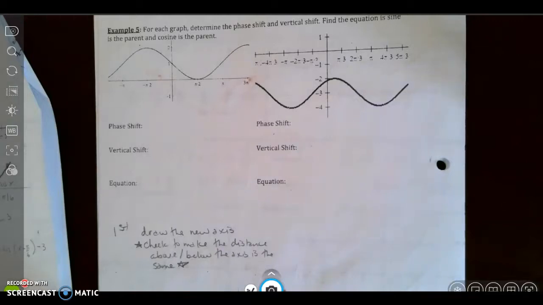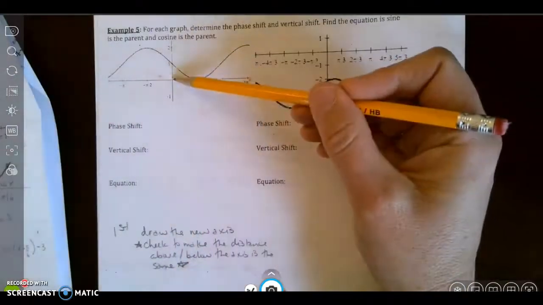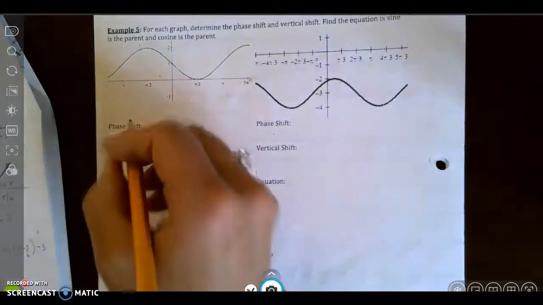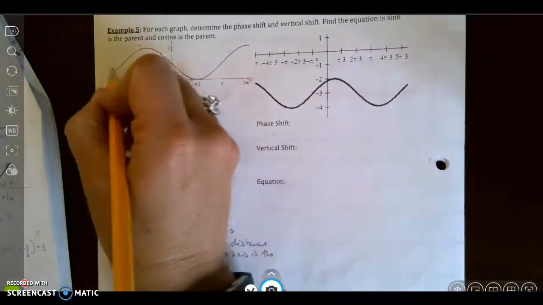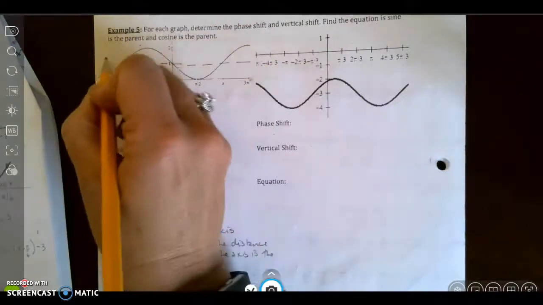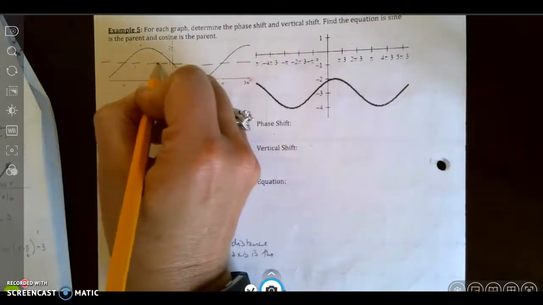A lot of times, in a sense, you're finding the midpoint between the minimum value and the maximum value. Between 0 and 2, the middle would be 1. So I know that for this first one, I'm going to draw an axis at y equals 1.